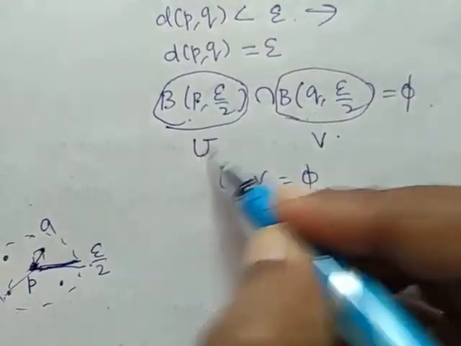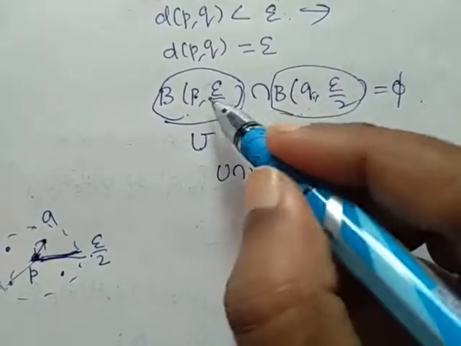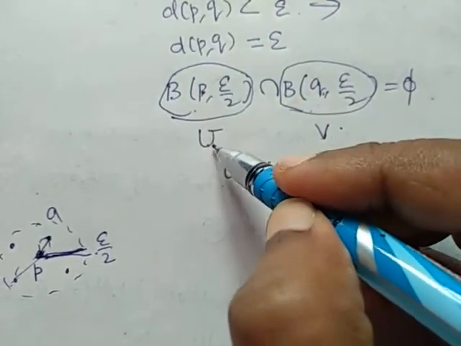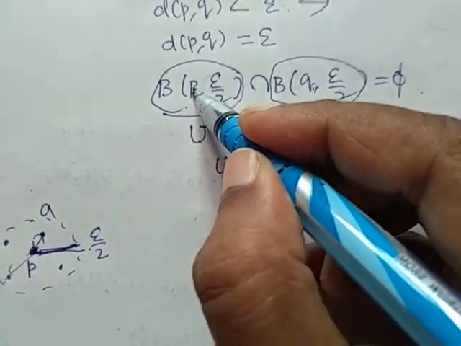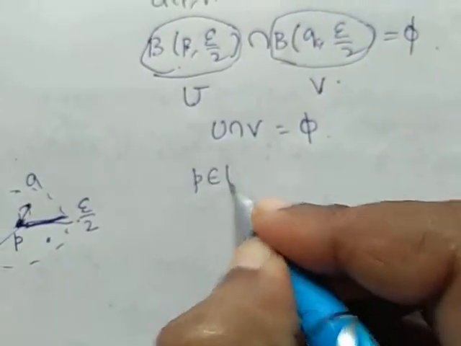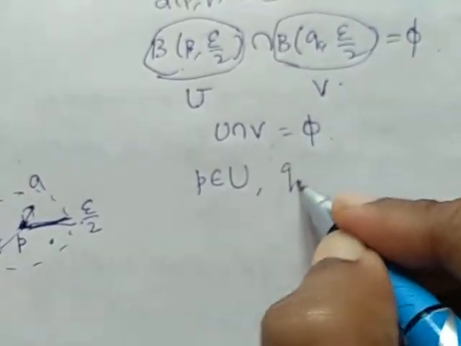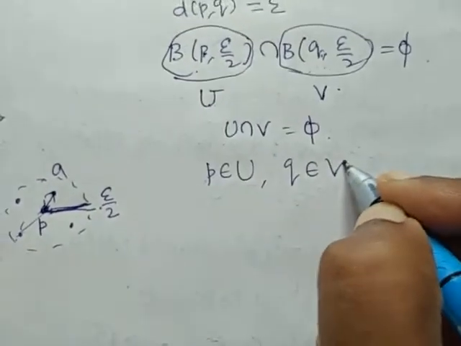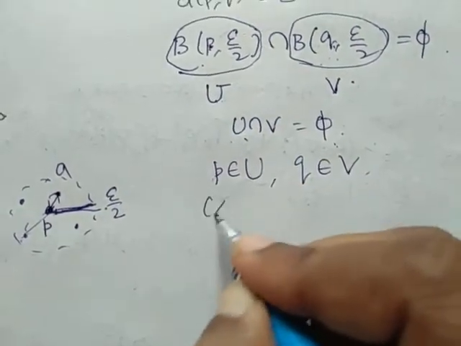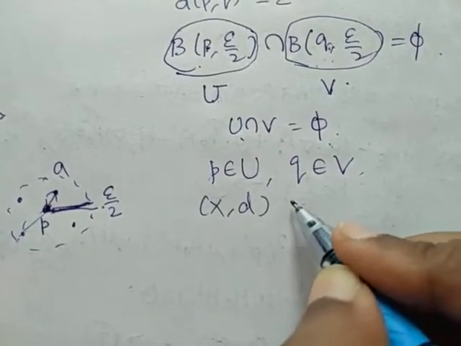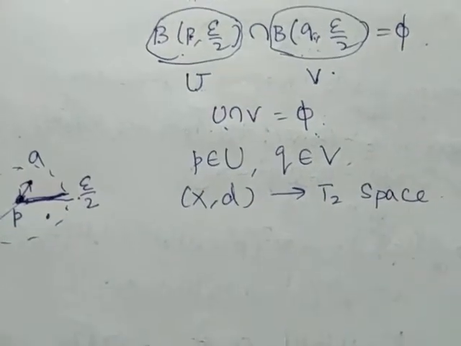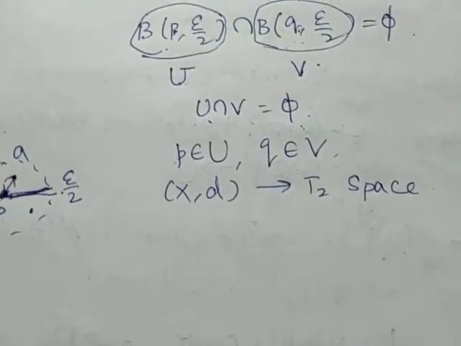P belongs to U. P is the center of the sphere, and we are taking this sphere as U. Obviously, P belongs to this sphere. Therefore, P belongs to U and Q belongs to V. Also, U intersection V is a null set. Therefore, (X, d) is a T2 space, or every metric space is a T2 space.